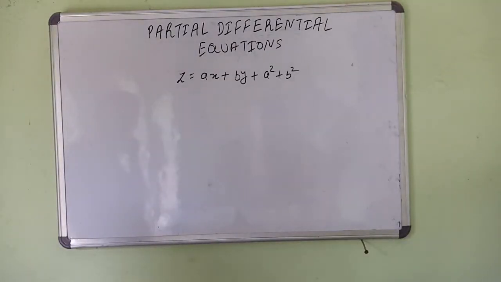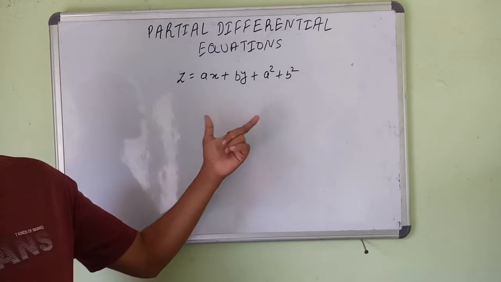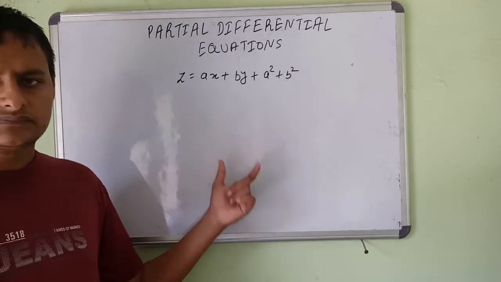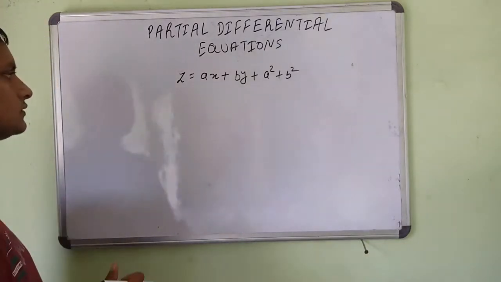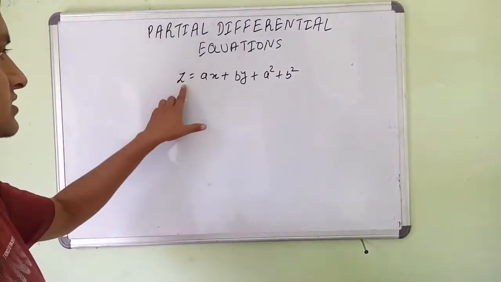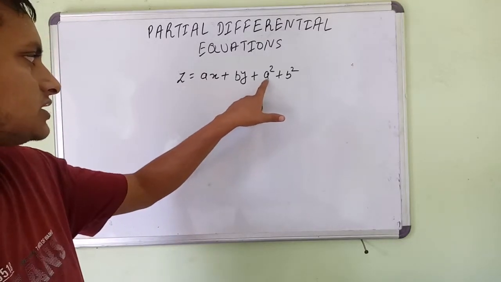The problem says eliminate arbitrary constants and form the partial differential equation. So our dependent variable is z, independent variables are x and y, and arbitrary constants are a, b.